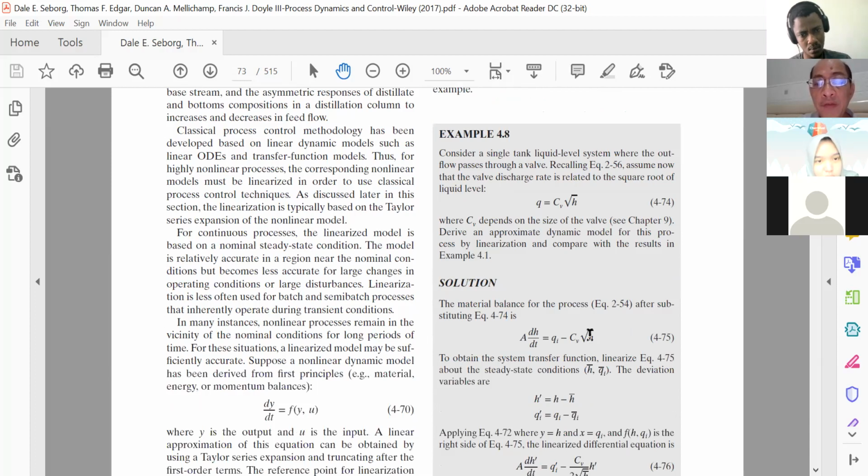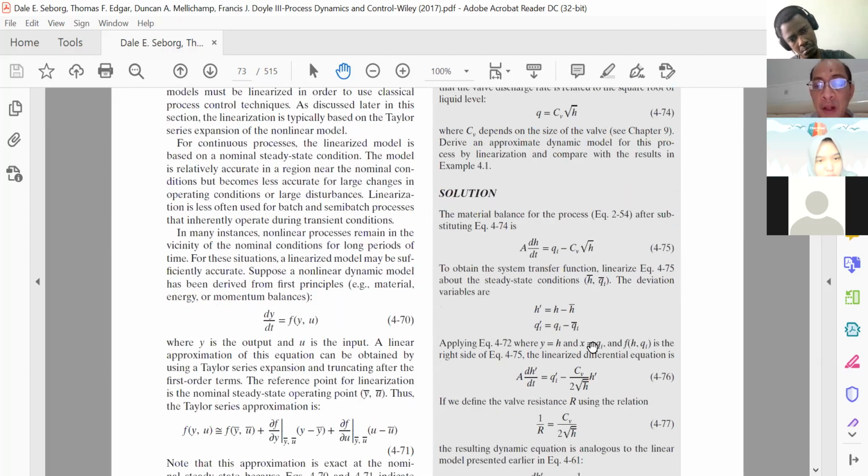Now we have the mass balance like this, and then we have to linearize Cv square root of H. When we linearize that, we will have the linearized differential equation like this one, in the deviation variables.